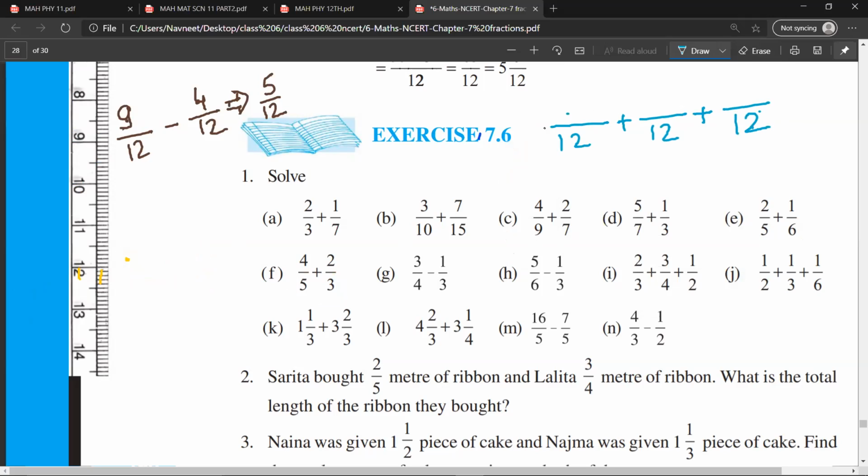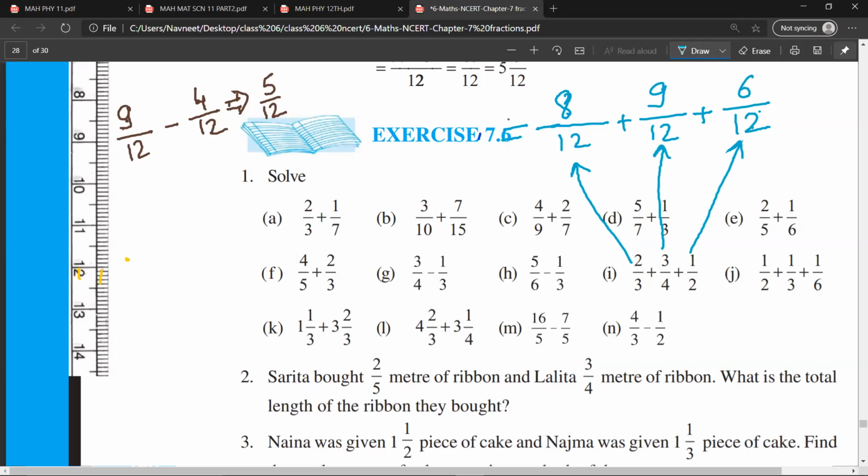What should I write here? 8 by 12 plus 9 by 12 plus 6 by 12. Shabash.